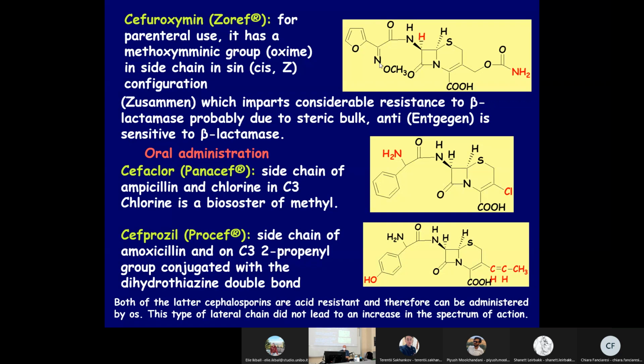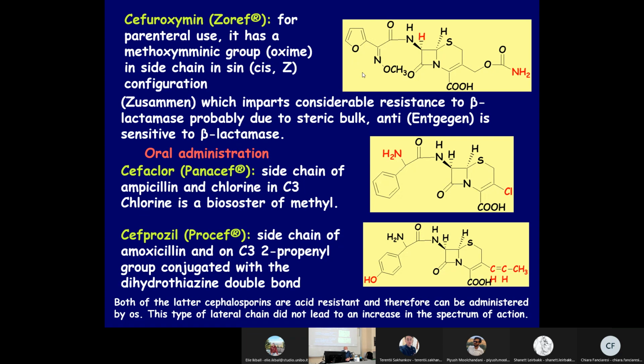You see there is a double bond, the methoxy group can be very close to the beta-lactam ring in Zusammen configuration, or can be in the other position in Entgegen configuration, on the other side.